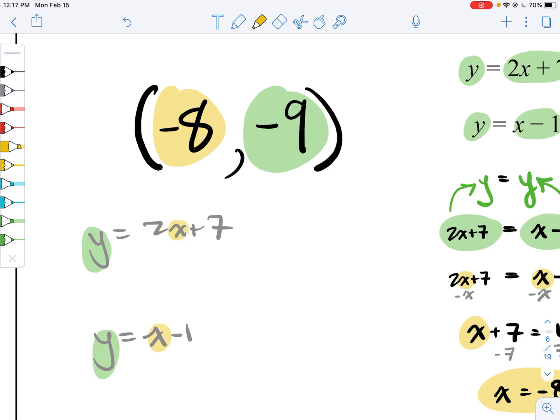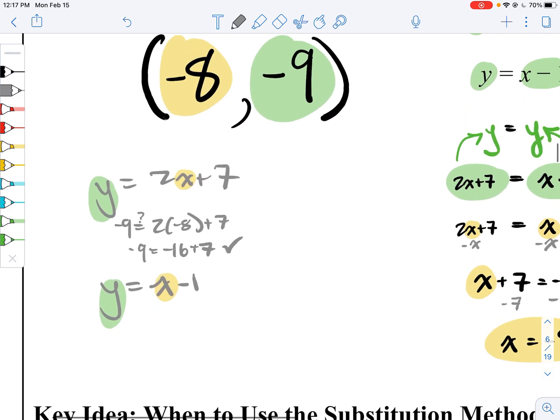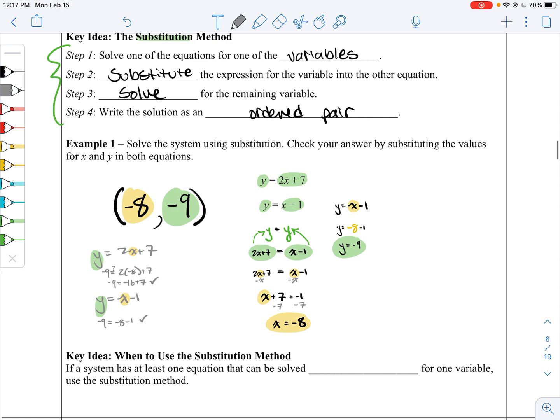Are you trying to tell me that negative 9 equals 2 times negative 8 plus 7? Is that true? Well, is negative 9 equal to negative 16 plus 7? Yes, that's true. So it works for one of them. Are you also trying to tell me that negative 9 equals negative 8 minus 1? Well, yeah, that's true too. So yeah, we did it right.